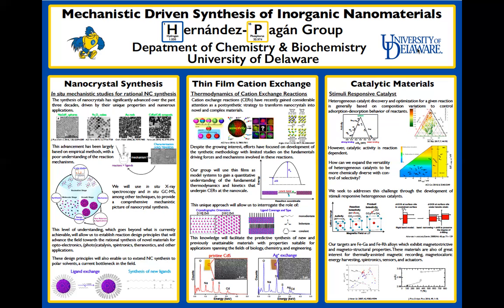There's a couple issues with this. It's not super effective. It doesn't always work. So we would be looking to expand our ligand portfolio and use the things we discover to synthesize some new ligands for use in polar systems.